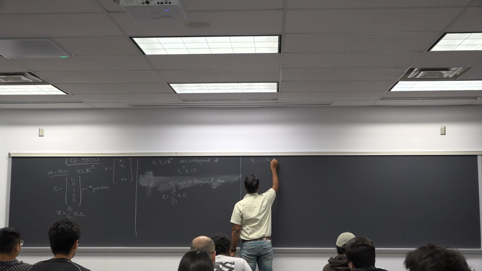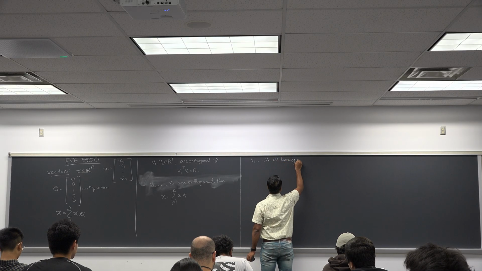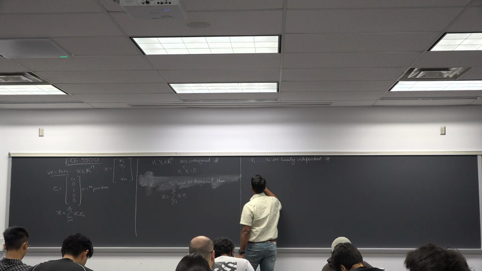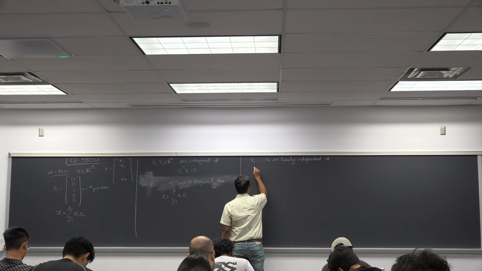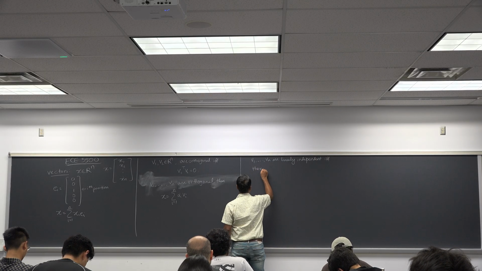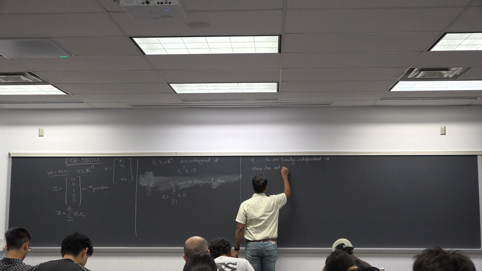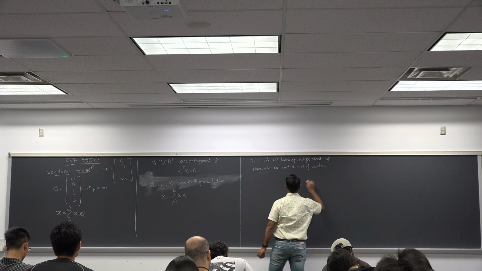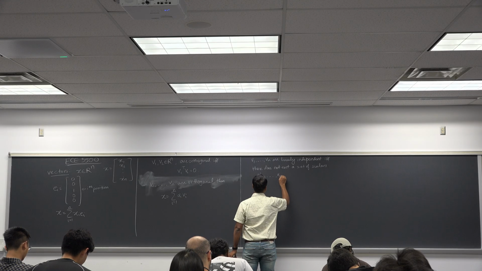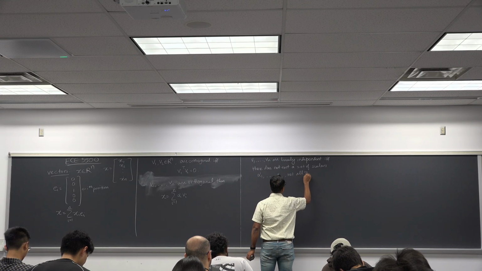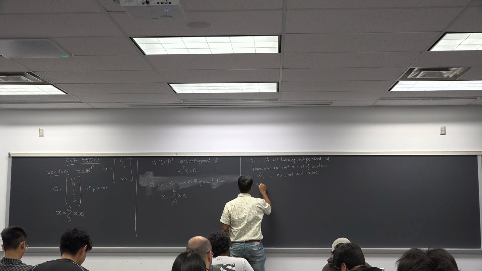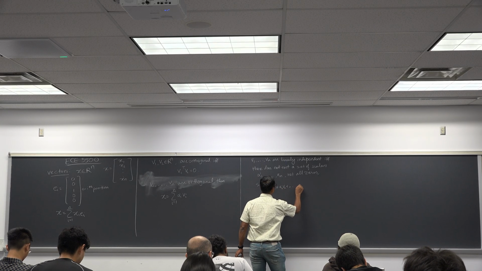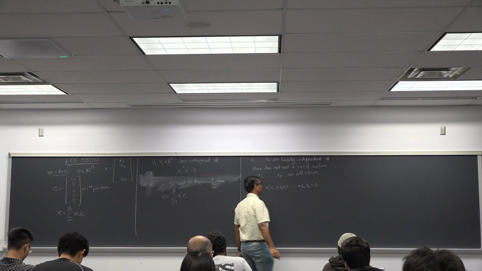So v1 to vn are linearly independent if and only if there does not exist a set of scalars alpha 1 to alpha n, not all zeros, such that alpha 1 v1 plus alpha 2 v2 plus ... alpha n vn is equal to 0.